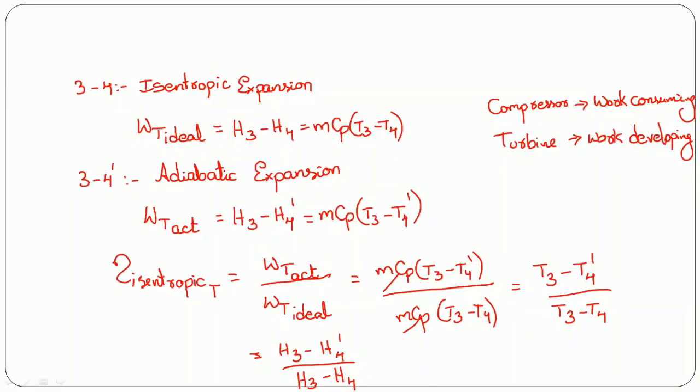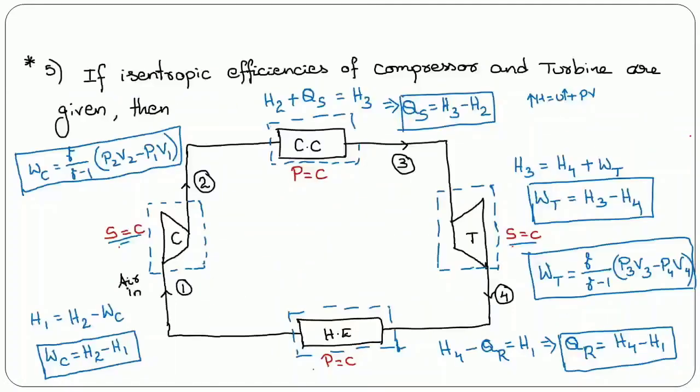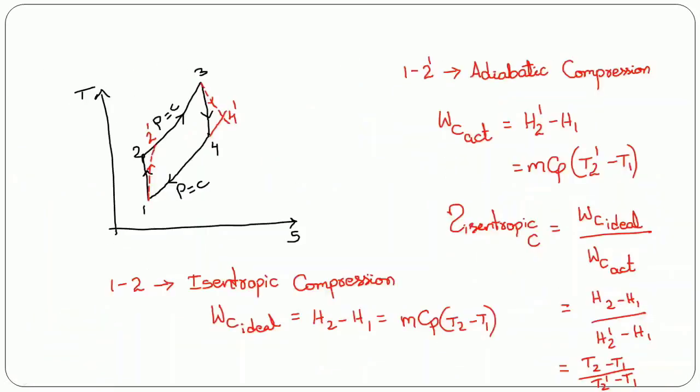Now try to understand here, dear students, when isentropic efficiencies of compressor and turbine are given, then we need to know certain things. We need to consider work consumed by the compressor actual, which is H2 dash minus H1 or mCp into (T2 dash minus T1).